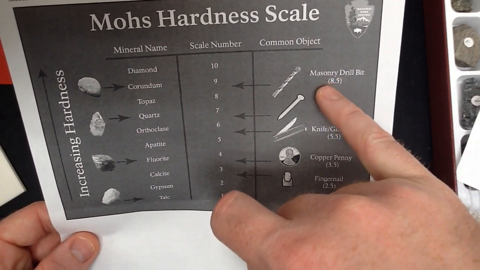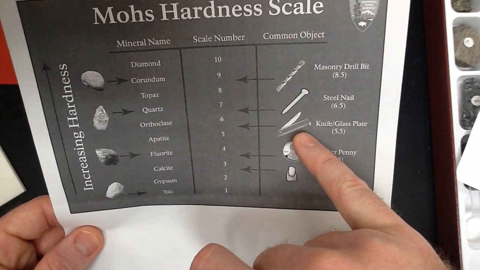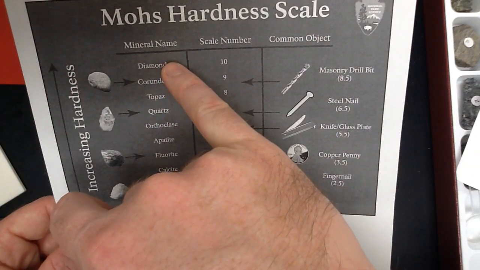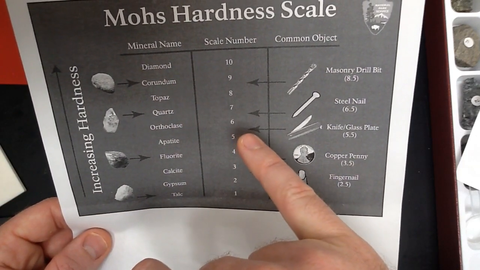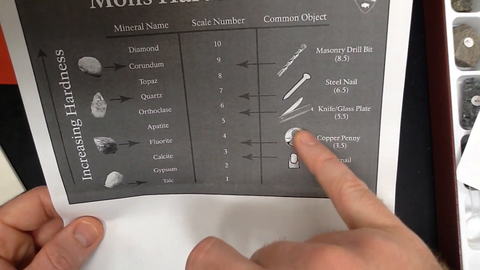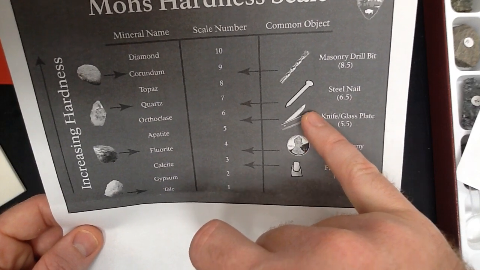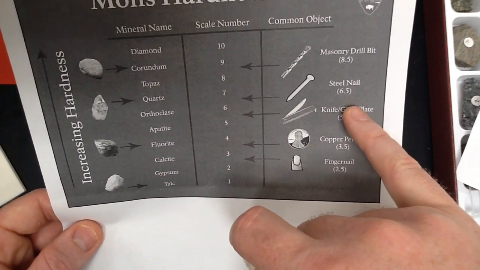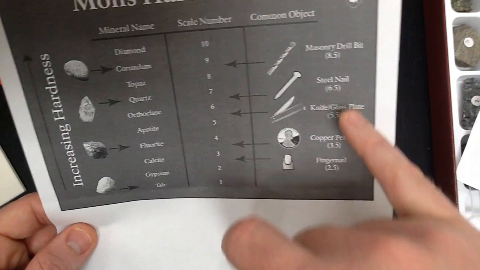I don't have a masonry bit, but I don't think we have anything really that hard. There's no corundum or diamond on the test, so I will start with my fingernail, then go to a copper penny, use a knife if necessary, although glass plate works fine for that, and then a steel nail, which I also have.